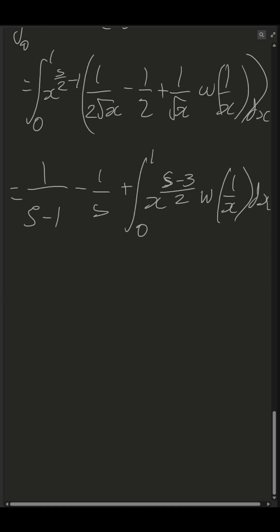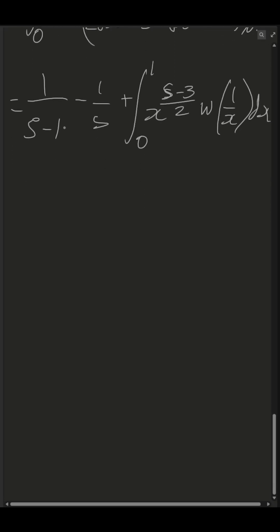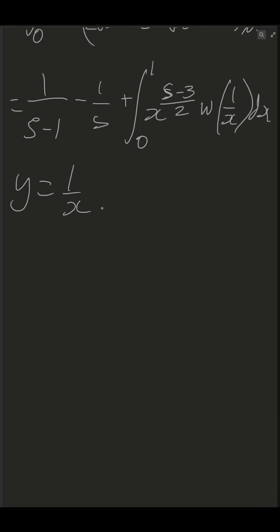Now, to do our best to evaluate this, we'll take a variable y and let that equal 1 over x. So dx is just minus 1 over y squared dy. And for our bounds, when x is 0, then y is going to be infinity, and when x is 1, y is 1.